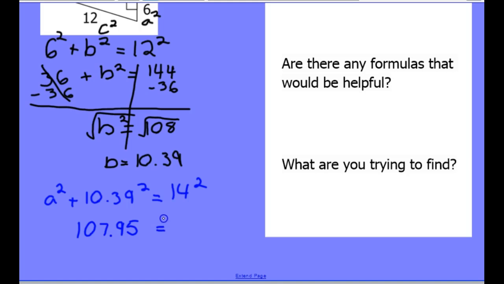14 squared is 196. So a squared plus 107.95 equals 196. Trying to get a by itself, so we subtract 107.95.